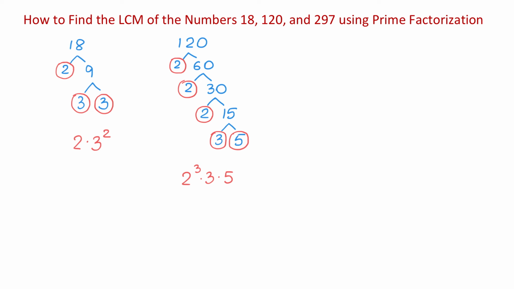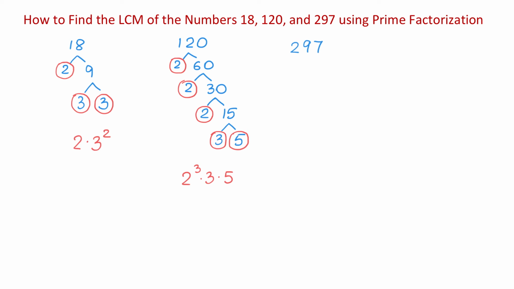And now let's find the prime factorization for 297. This number is not divisible by 2 because it's an odd number. But let's check if this number is divisible by 3. For this, we will add the digits. 2 plus 9 is 11. 11 plus 7 is 18. And 18 is a number that is divisible by 3.